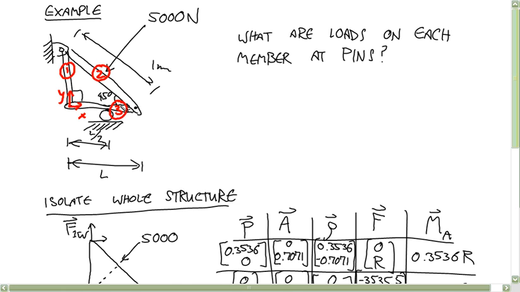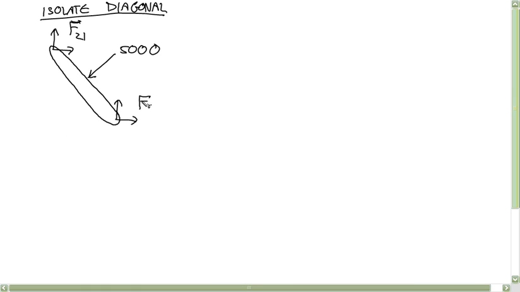And down here, this pin is part of member 2, right? There's a force being applied by member 3 to the pin, so that's F23. Okay, that's everything.